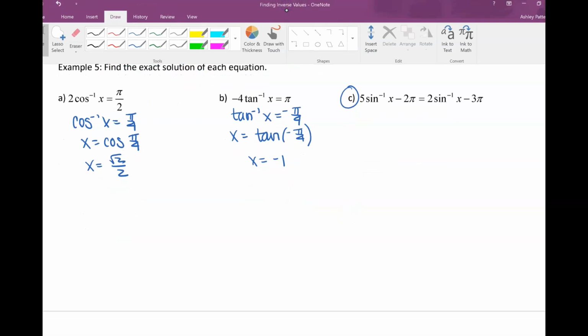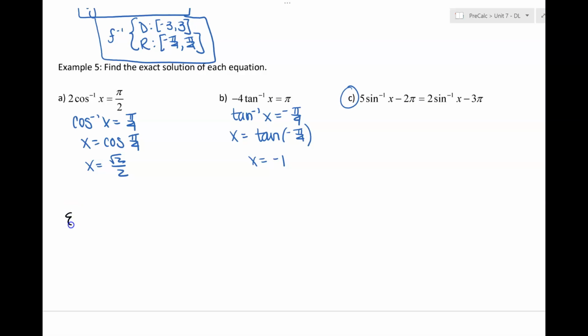Okay, there is something on here that you guys need to know how to do. It's super simple. This is our last example. I want to make sure that I get the wording right for you.